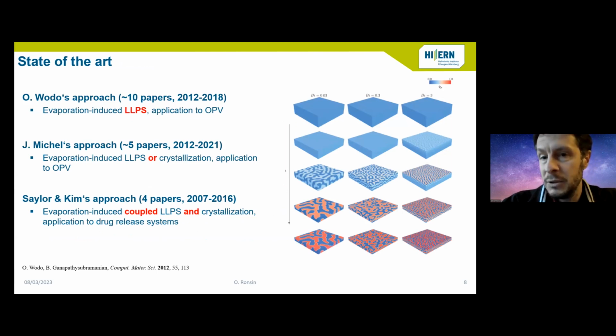Here you see pictures from their work where you see the drying of a polymer small molecule film from the top to the bottom for different evaporation rates, increasing evaporation rate actually from the left to the right. But the crystallization is not here, and most of the OPV systems are crystalline. Of course, perovskite, this is a lot about crystallization.